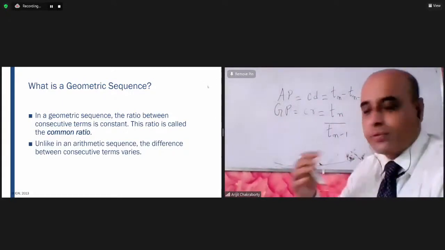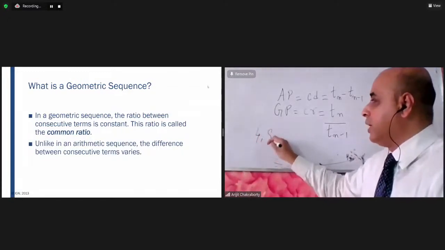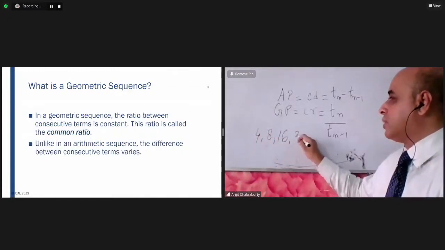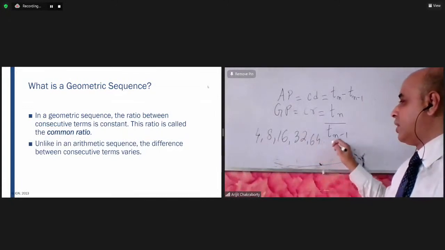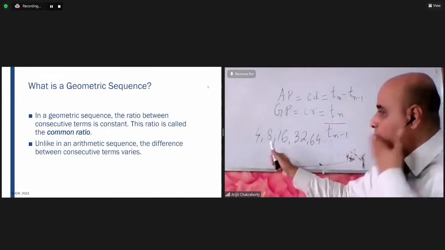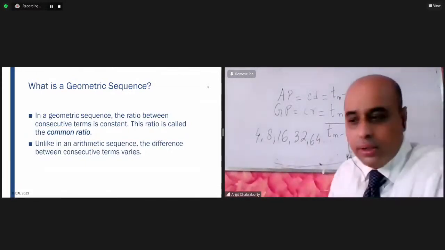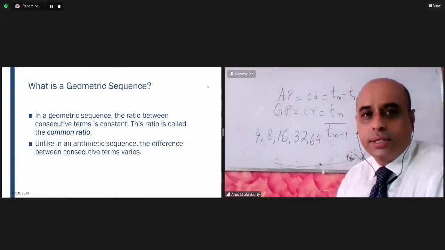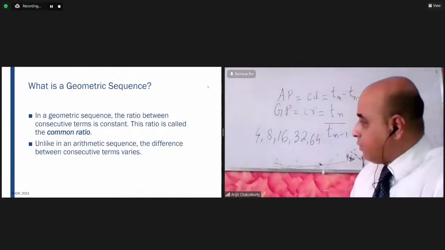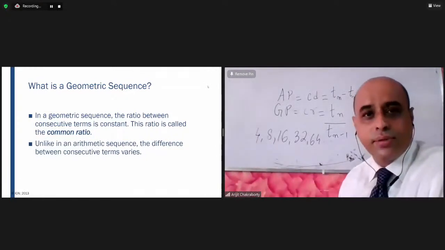So if I have a series like this, say for example 4, 8, 16, 32, 64, and so on. This is not an arithmetic progression. Why? Because the differences 8 minus 4, 16 minus 8, they do not match.